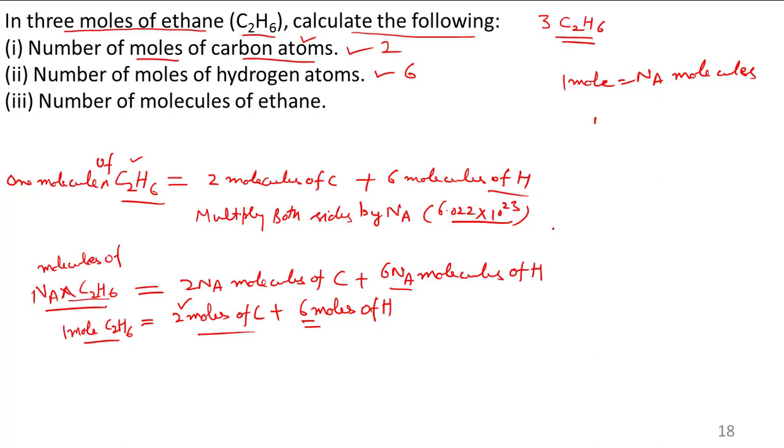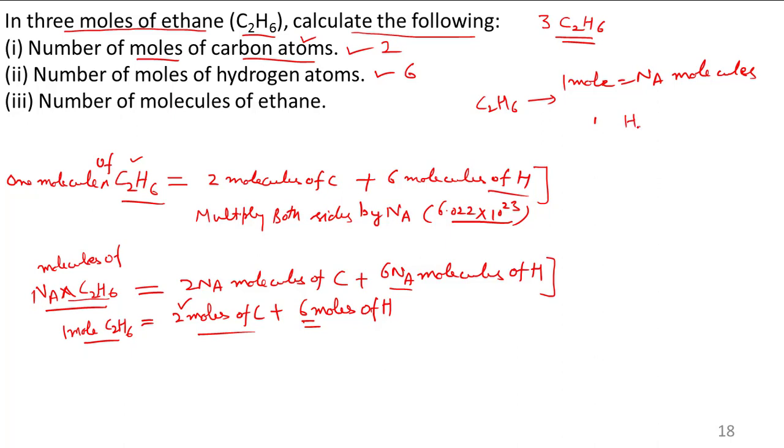So this I just explained to you how to calculate, but you can simply remember the simple relation from this molecule. The relation between molecules is same as the relation between moles. Now this says that 1 molecule of ethane is equal to 2 atoms of carbon. So same will be the relation between moles. We can say 1 mole of ethane will be equal to 2 moles of carbon.